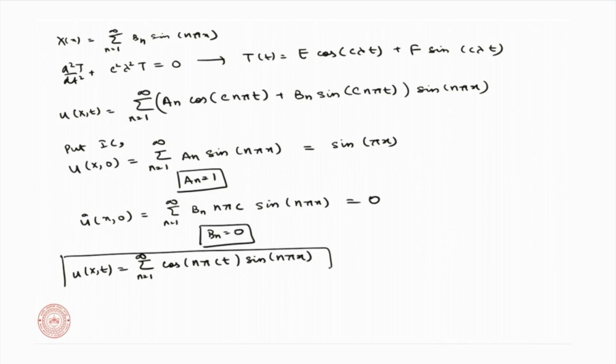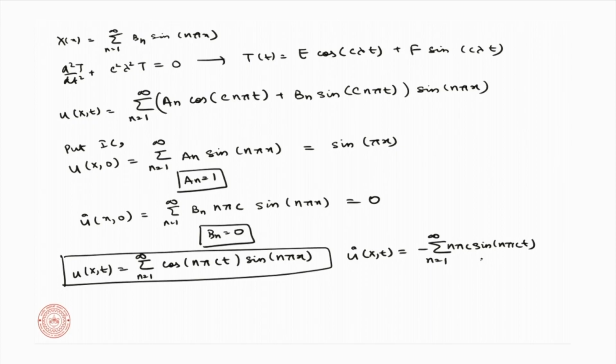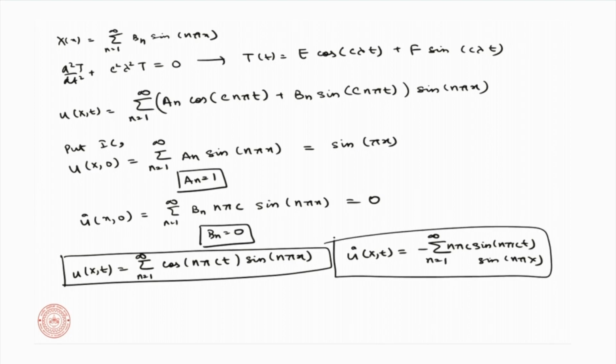Okay, this is our equation, and our derivative u dot x comma t will be equal to minus summation n equals 1 to infinity. We are taking a time derivative. So, n pi c sin of n pi c t sin of n pi x. Okay, so, this is our velocity.